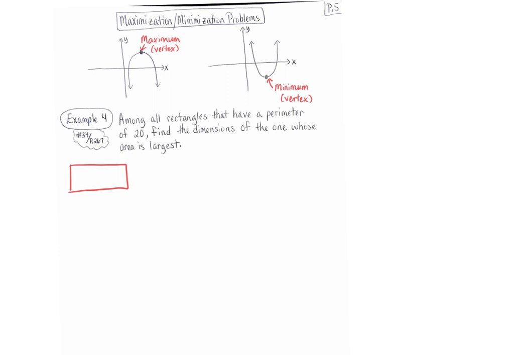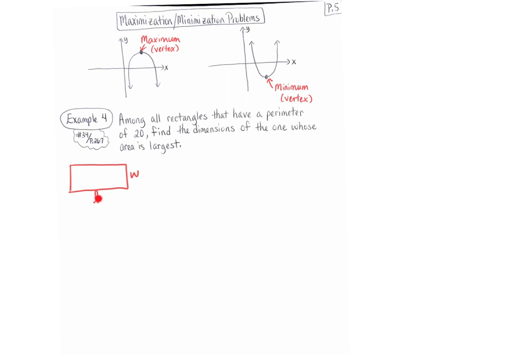What's the perimeter of a rectangle? If we're talking about the perimeter, what do we have to do with the sides? Add them, right? These two sides are the same. Call this W. We'll call the other one L.